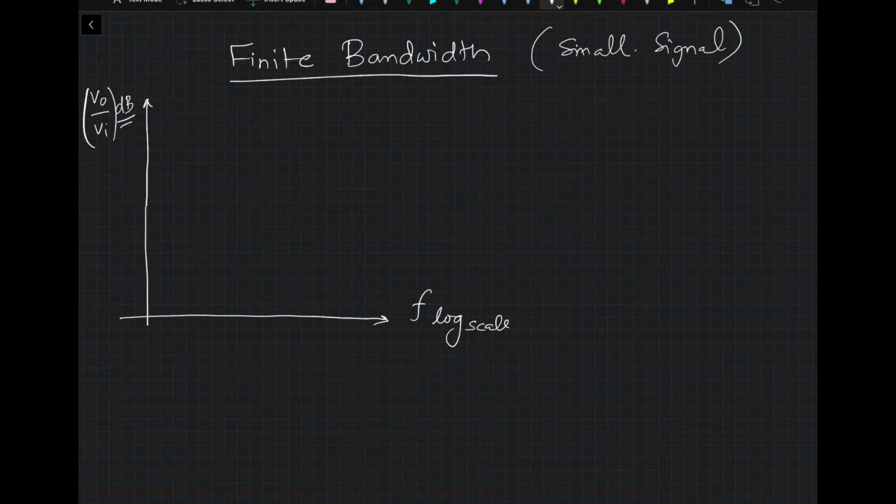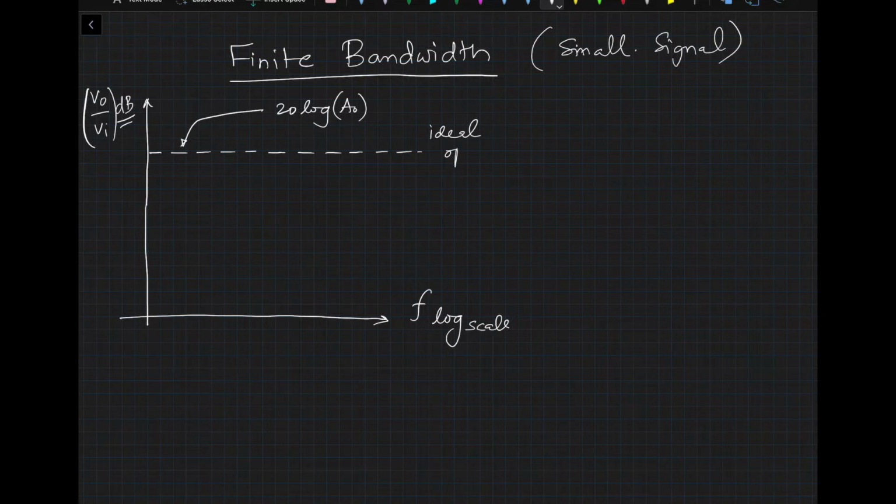Now, if the amplifier gain is A0 and if the bandwidth is infinite, then how would you plot it on this particular chart? It would just go like that, and that would be 20 log of gain A0. This would be your ideal op-amp frequency response.